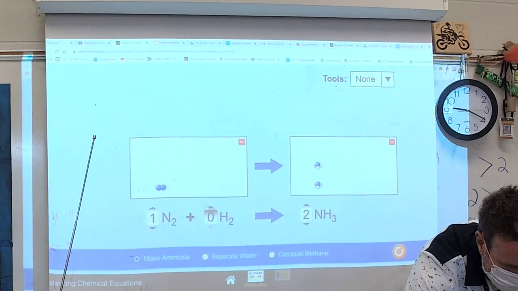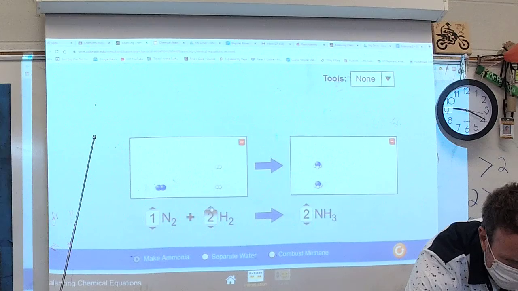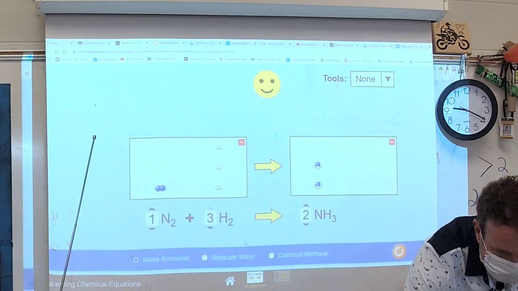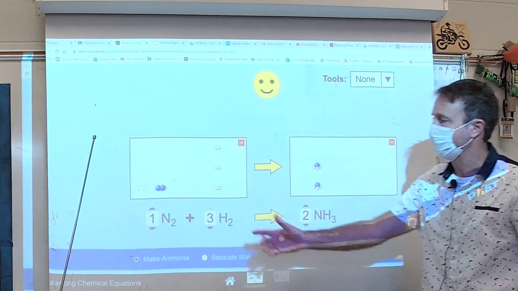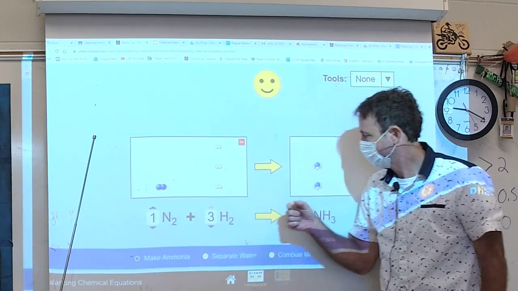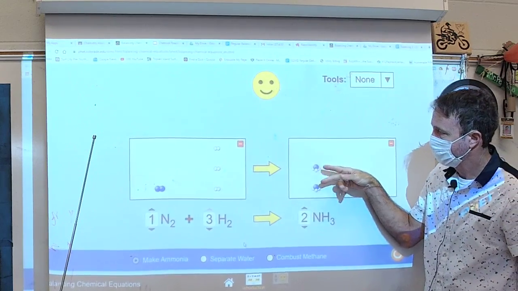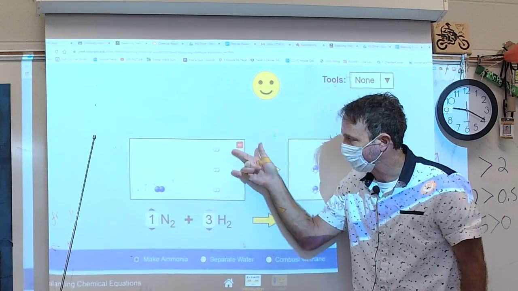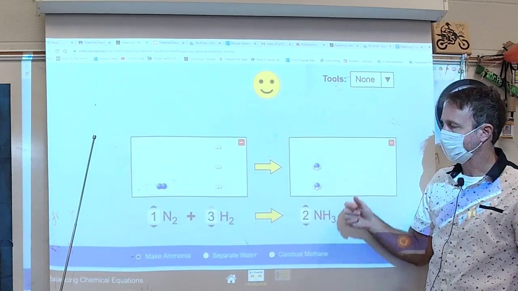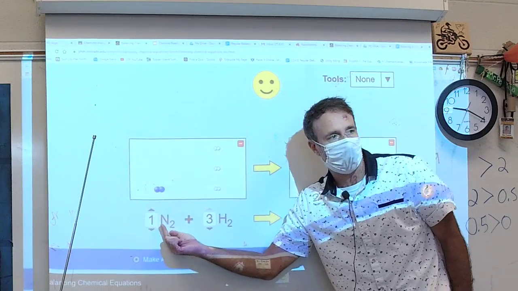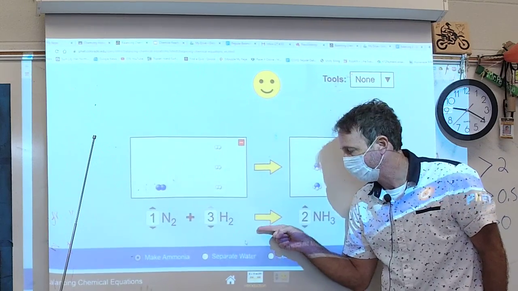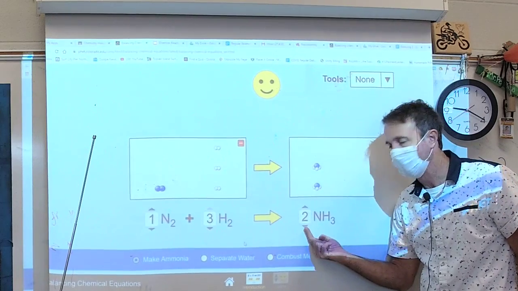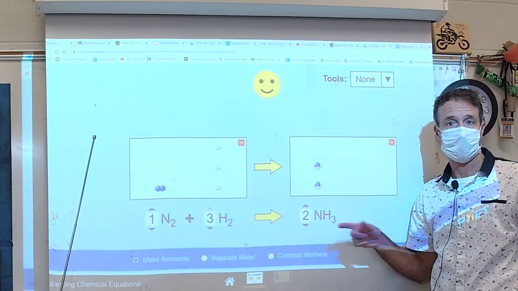So now we have 2, 4, 6. See how it lit up? That means we're right. So you have the same number of nitrogen atoms here as you do here, and the same number of hydrogen atoms here as you do here. 1 molecule of nitrogen gas and 3 molecules of hydrogen are necessary to make 2 molecules of ammonia.